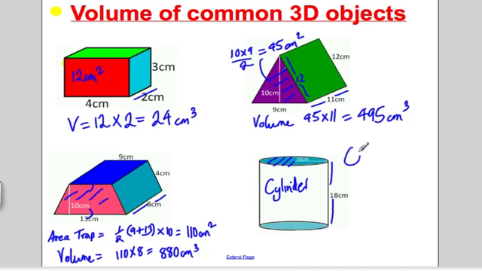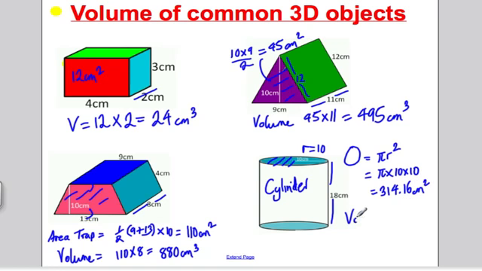Now the area of a circle, it's got radius, we always write down what a radius is, 10. So we need to know the area of a circle is pi r squared, which will be pi times 10 times 10. So you type that in your calculator and you get something like 314.16 centimeters squared.